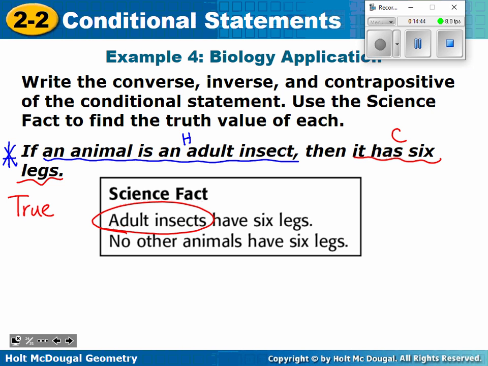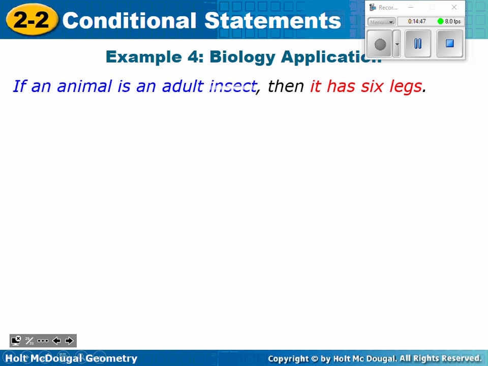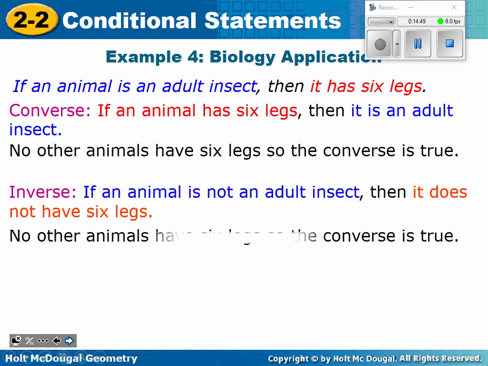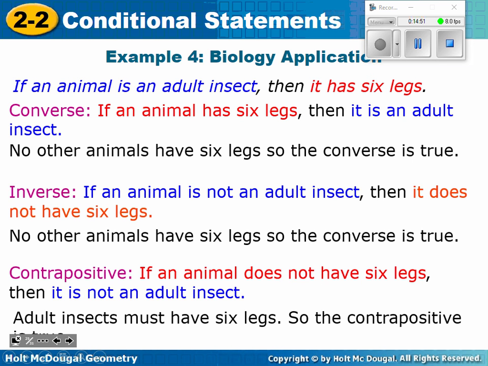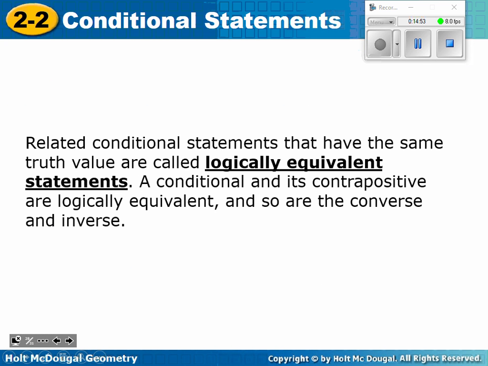Are we good? Okay, those are called logically equivalent statements. And that should be the last definition that's in your notes here for 2.2. Logically equivalent statements are simply statements that have the same truth value. If two statements are both true, we say they're logically equivalent.